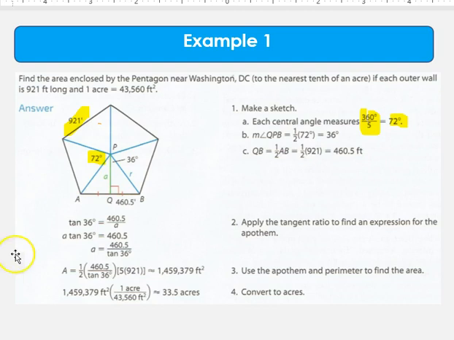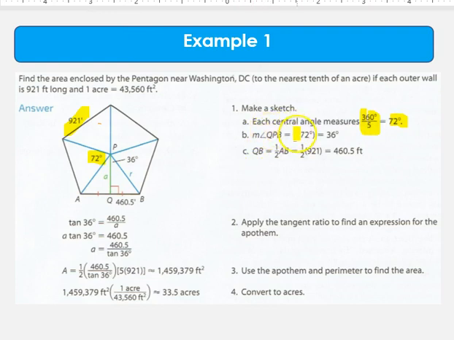Now we need to drop our altitude, which is also our apothem. So we're going to drop this altitude. We're going to create 2 congruent right triangles, and we now have a that we need to solve for, and we know that we have a side length here that will be half the original. So the measure of angle PQB will equal 1/2 of the central angle.